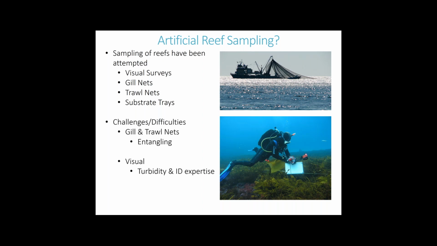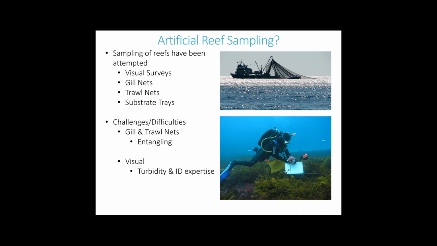Visual surveys, again, in this region, turbidity is really high. So sometimes it's really hard to see fish species accurately in artificial reef environments simply because of the high turbidity. Coupled with that is the identification expertise of the diver or the ROV and then the person assessing the fish community.